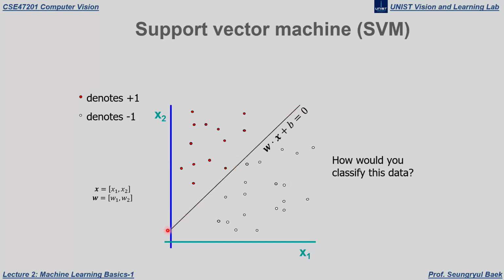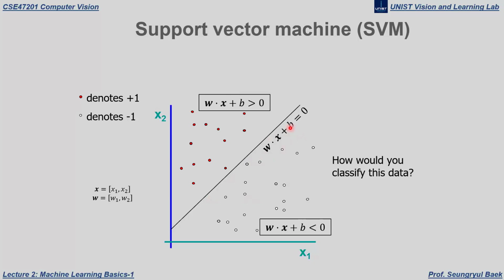If some sample X is located in this part, then its WX plus B becomes positive. And if some sample X is located beneath this straight line, this WX plus B, the function's output, becomes negative.